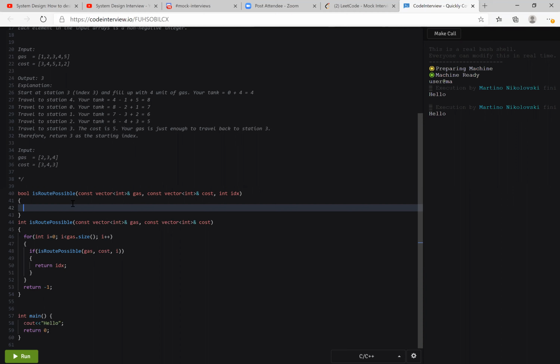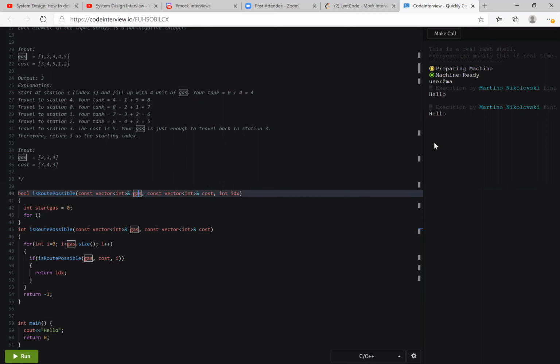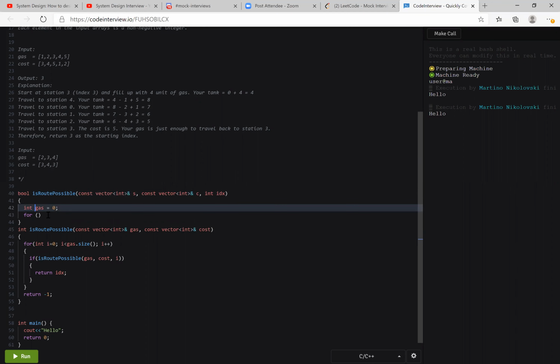So we have the starting. I can just say station to make it a little bit easier, less coding, and gas.